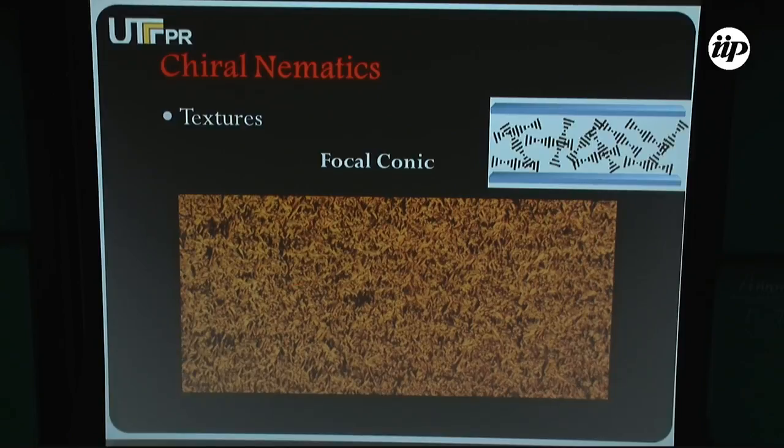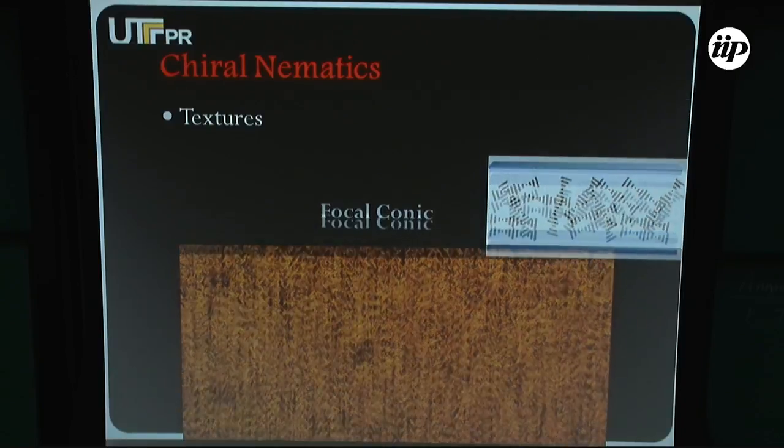And like I always say, this is not my fault. I didn't give this name to this texture. I think they call it that because it just resembles focal conics in smectics in some contexts. But anyway, what is happening here is you have this polydomain structure where the cholesterics don't want to change their pitch length. So it breaks into different domains like this.